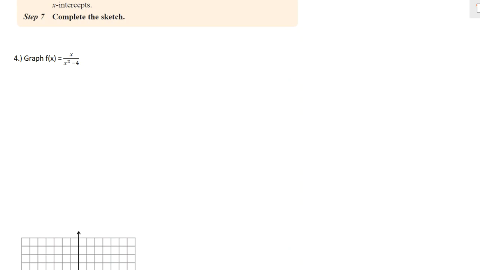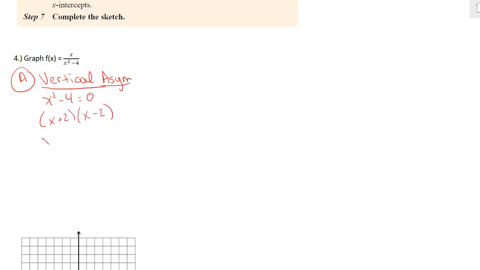But let's start with the first part, which says that we are going to find vertical asymptotes. So we take the denominator and we set it equal to 0. This one's factorable, x plus 2, x minus 2. So there are 2. x equals negative 2 and x equals 2.